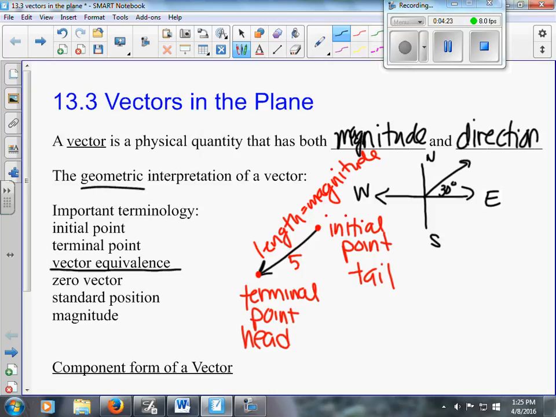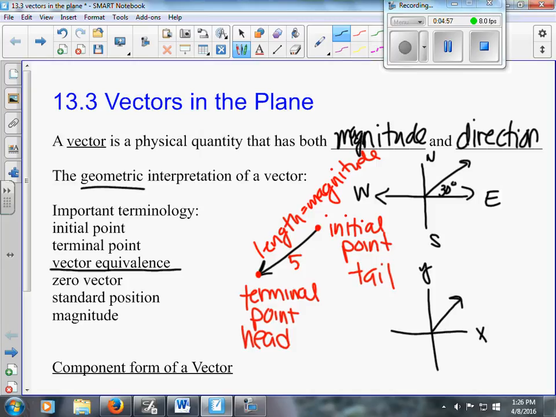So what we're going to do is plot these vectors on the xy axis, because we're in math and we love the xy axis. And so if I have a vector pointing directly northeast, so that's 45 degrees there, with a magnitude of 2, so the length of this vector is 2, and then I have another vector right here with magnitude 2, those are the same vector, aren't they?